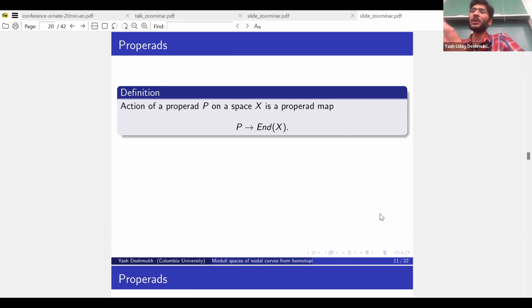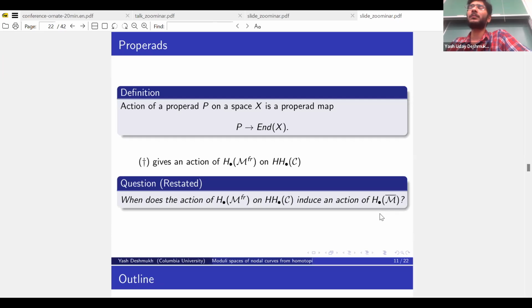Namely, we are interested in how the properads of Riemann surfaces act on these Hochschild chain complexes. This theorem of Costello, I'm just reformulating it, says that the homology of framed moduli spaces acts on the Hochschild homology.